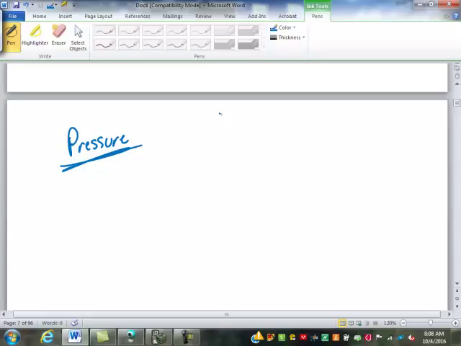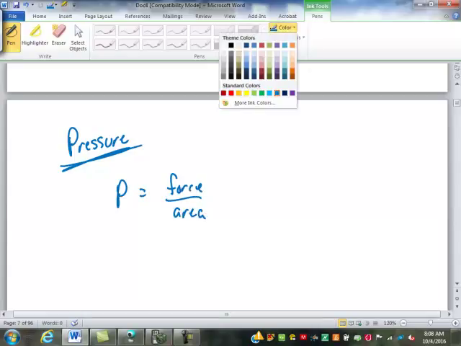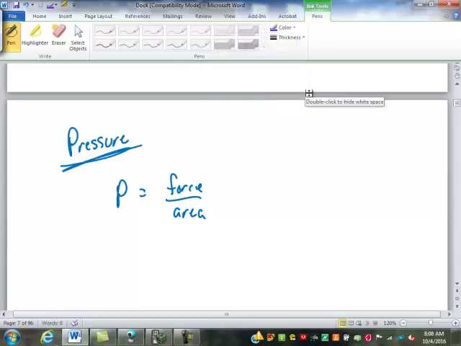If you look at like a hydraulic cylinder or even a tank that's got pressurized air or any other pressurized substance in it, the amount of pressure is equal to force divided by area. Which also means, if I rearrange that, the force exerted is equal to the pressure times the area.